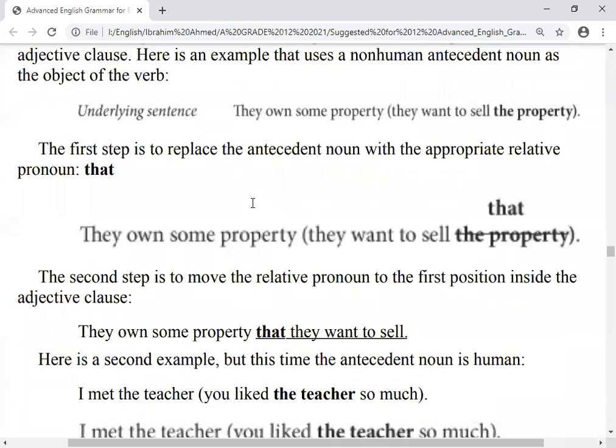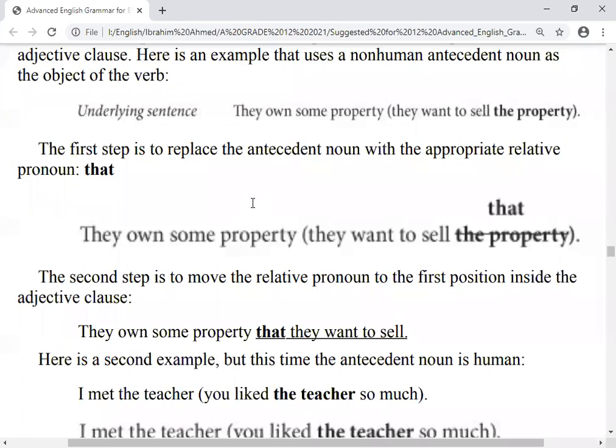Look at this example. They own some property. The underlying clause is put between parentheses, which has the repeated noun: they want to sell the property. The first step is to replace the repeated noun with the suitable pronoun.